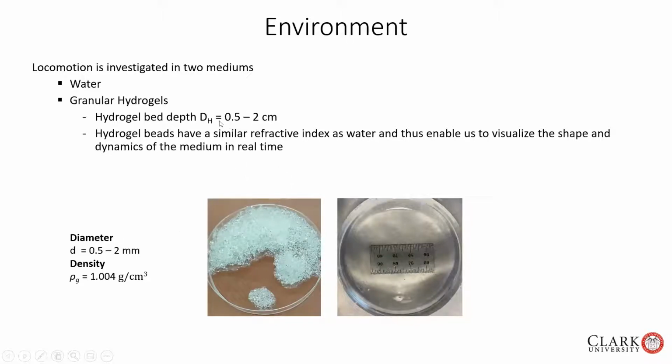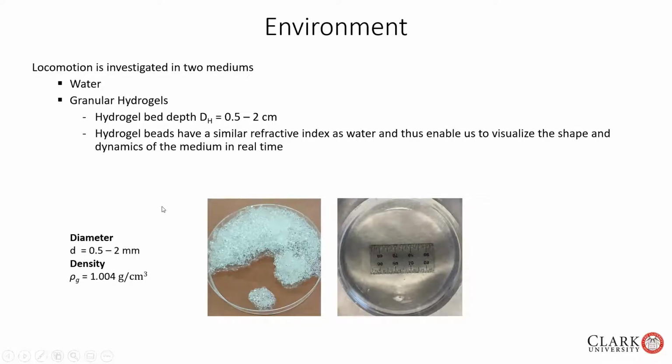The environment that we're interested in investigating is water and granular sediment. The type of granular particle that we're using is hydrogel, and our setup has a hydrogel bed with a depth of 0.5 to 2 centimeters. Hydrogel is a highly absorptive particle.